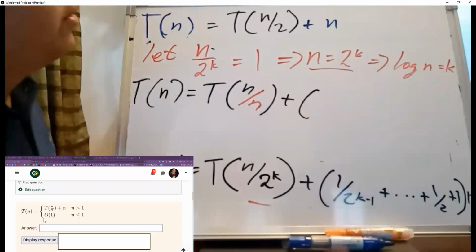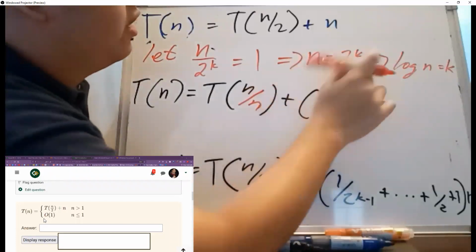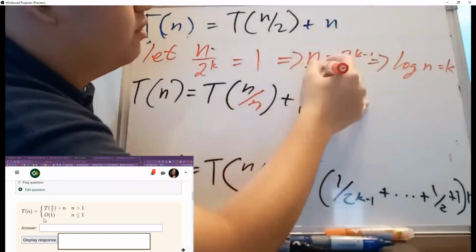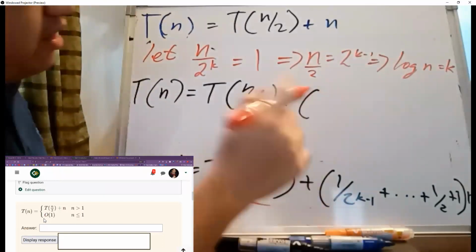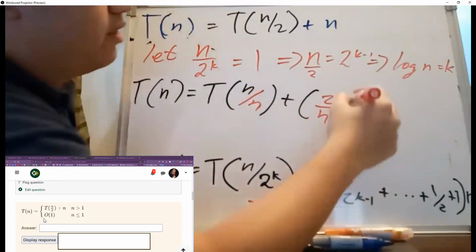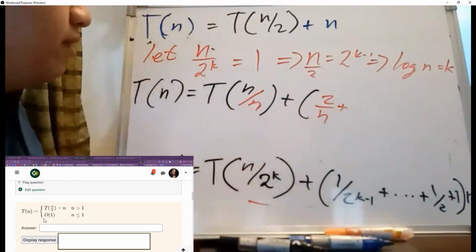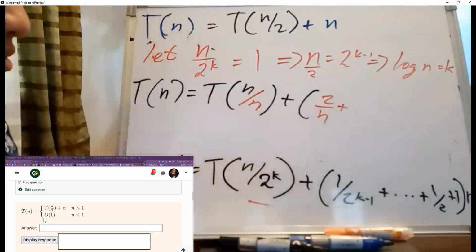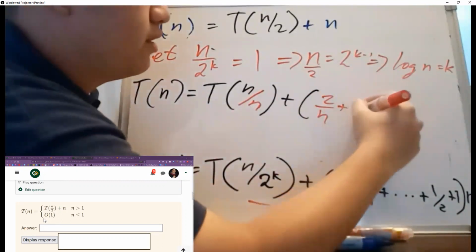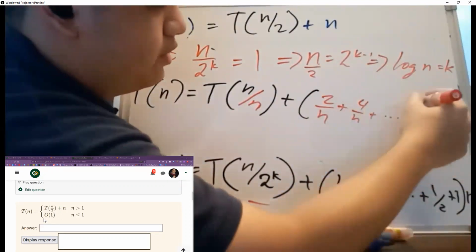If n is equal to 2 to the k, 2 to the k minus 1, this is over. So baliktad. So to the n plus what times n.